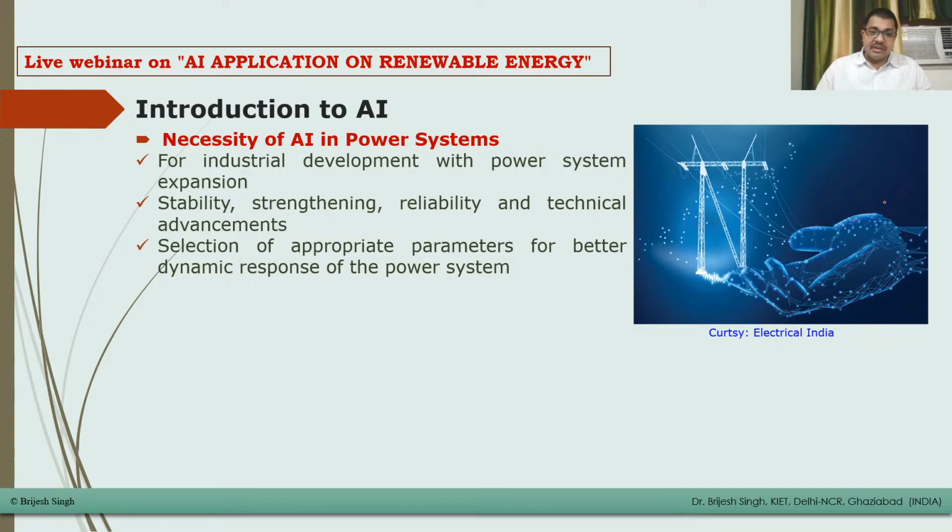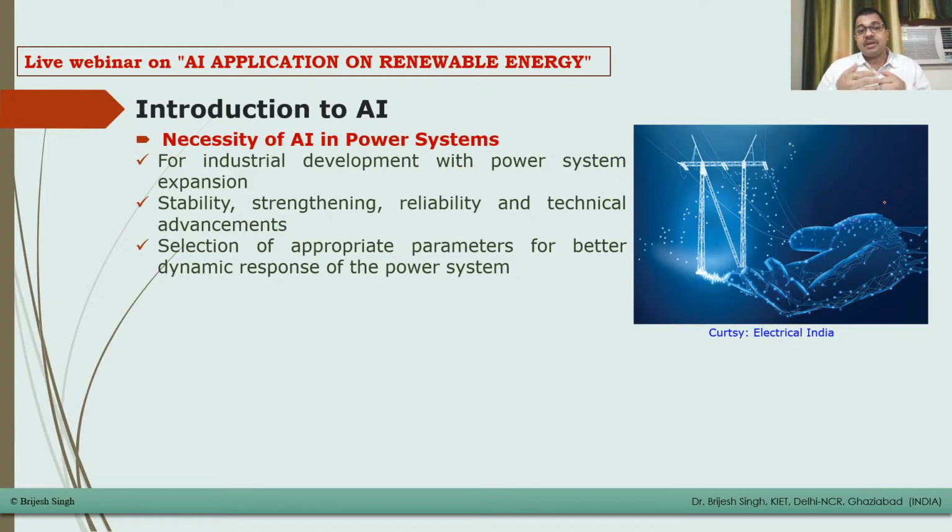For industrial development with power system expansion, nowadays every day the power system is expanded. New types of power plants are connected with the grid. Every day transmission lines are expanded. New distribution system networks are connected to the grid. The central grid concept has come into the picture, and a number of grids are connected to each other through tie lines.